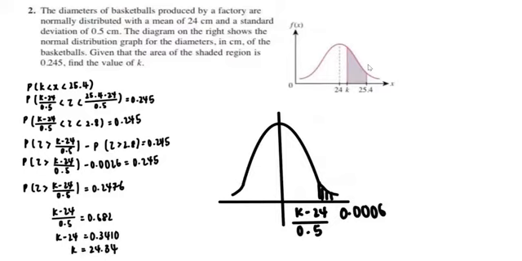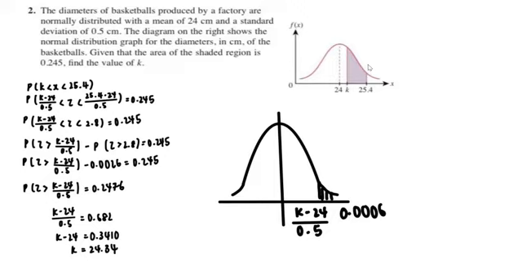Next. Question 2. Probability of S is larger than 25.4. We will get the shaded region. This is equal to probability S is larger than K minus probability S is larger than 25.4, and this one is 0.245. Z is equal to S minus mean divided by standard deviation.